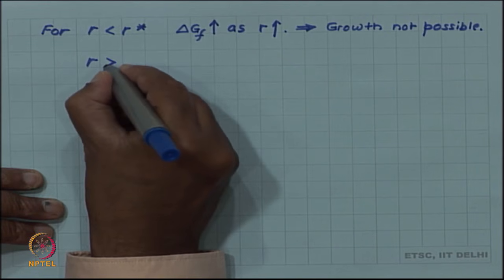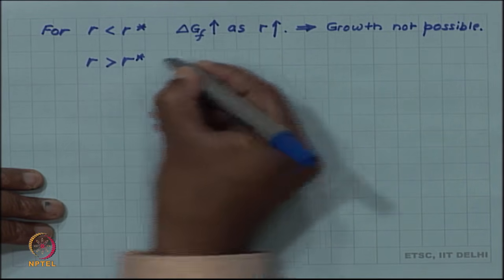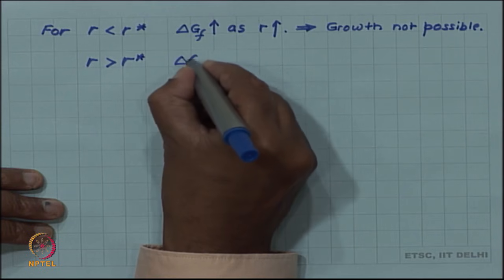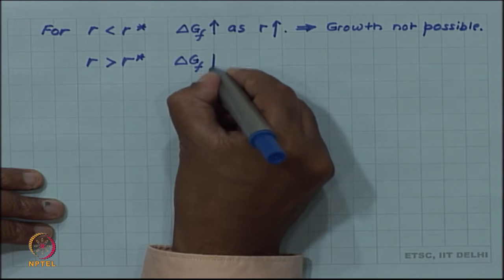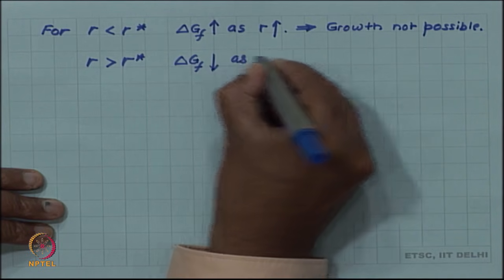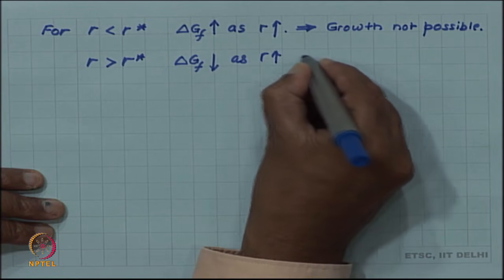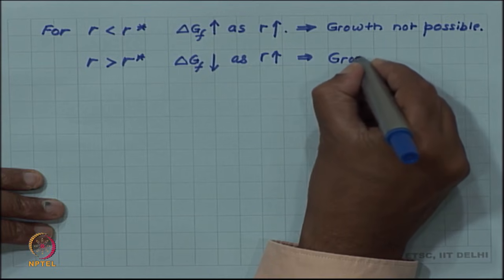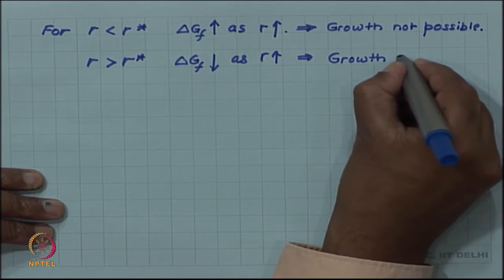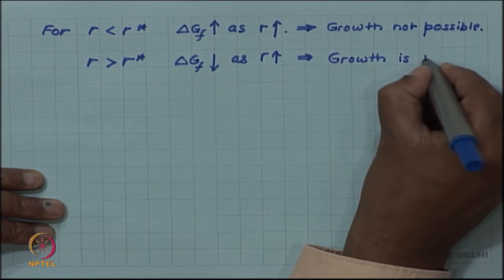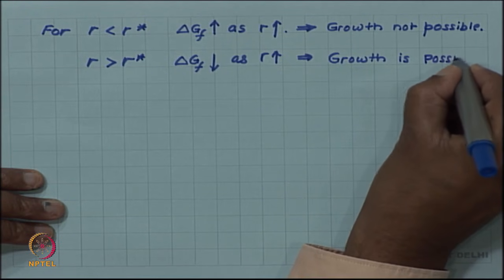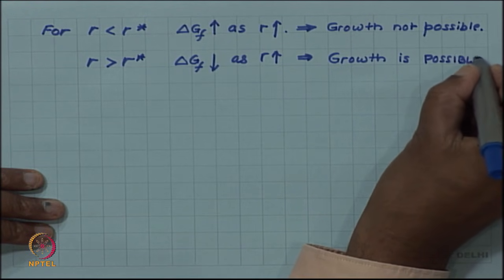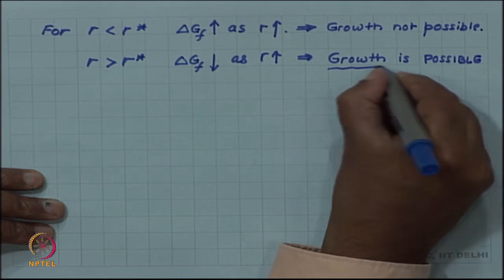But if r is greater than r star, then delta Gf decreases as r increases, which means growth is now possible. Growth is possible.